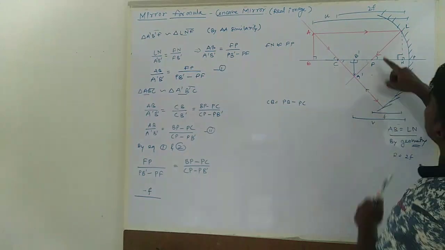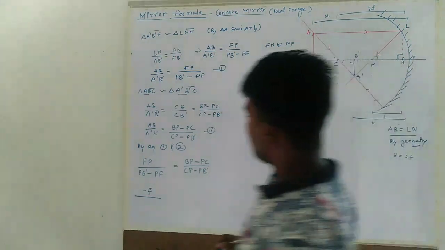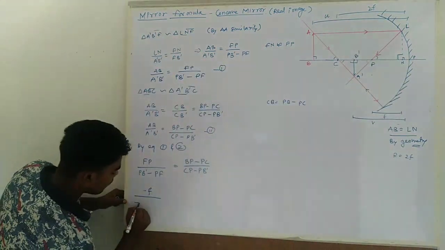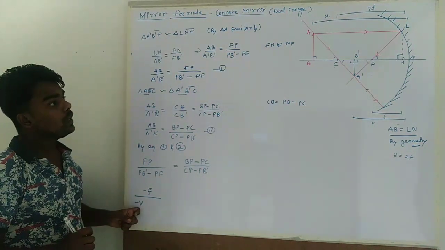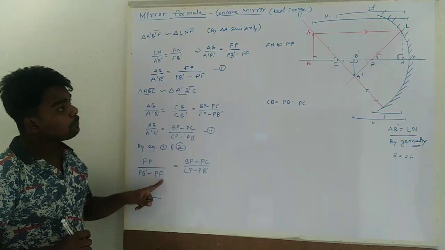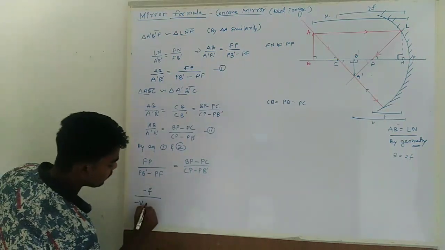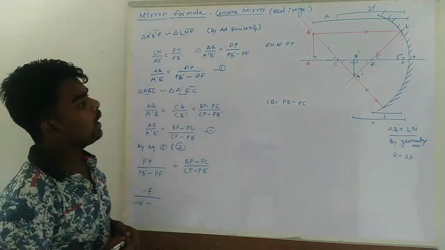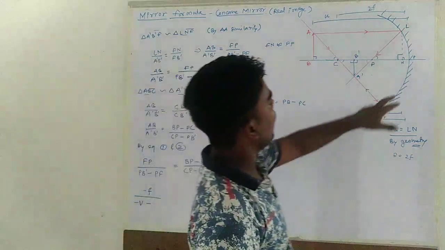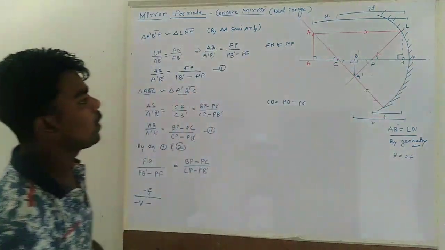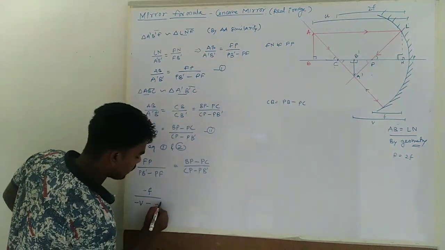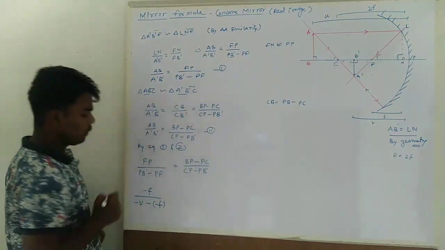So PB is equal to minus V. Then what is PF? PF again is the focal length, so negative, the focal length is negative.